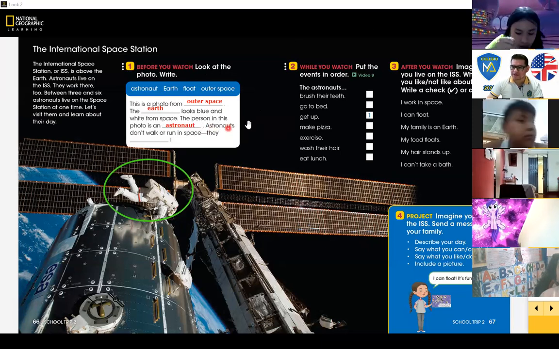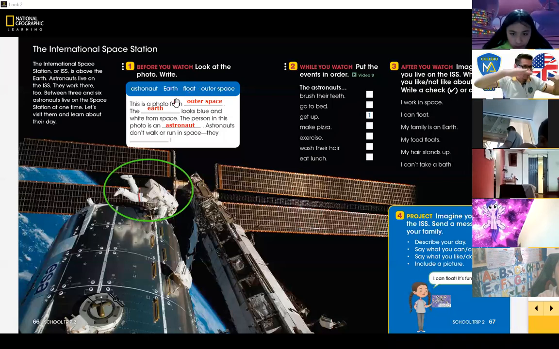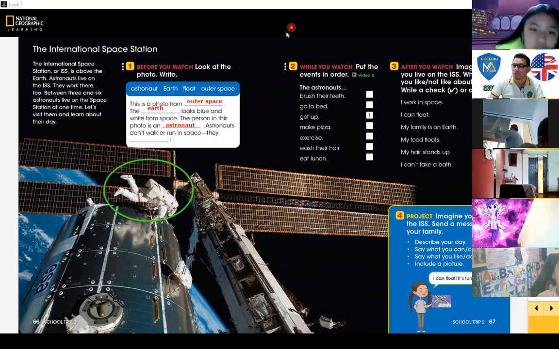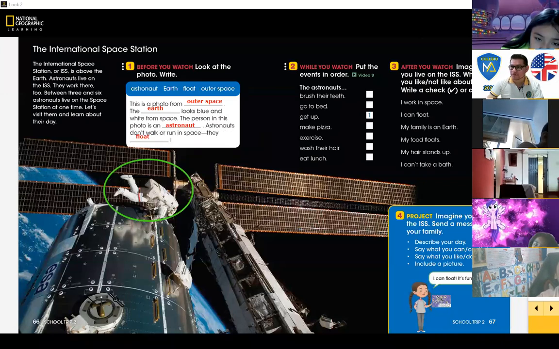And here it says, astronauts don't walk around in space. They can't run, they can't walk in space. Cuando están en el space, no pueden walk or run, right? What do they do? They float, right? They float in space. So that's it.